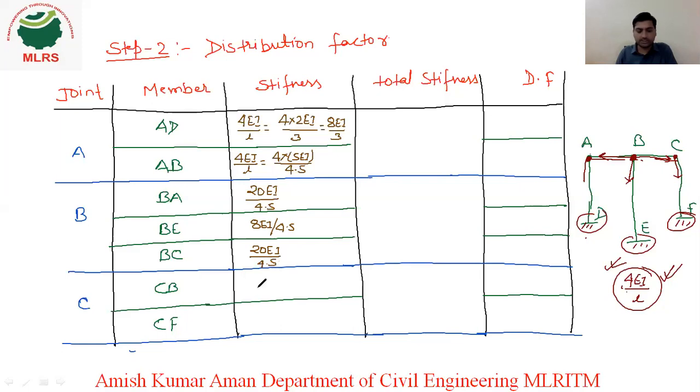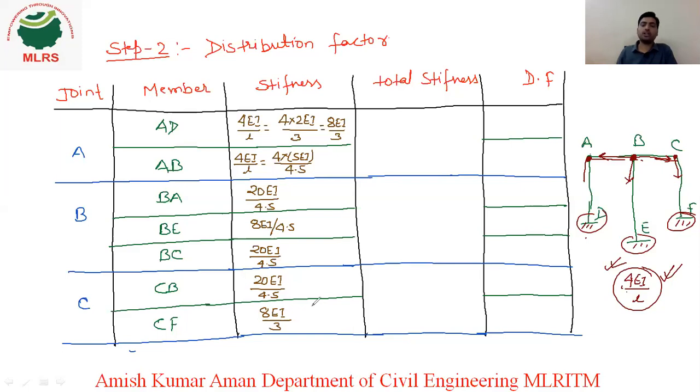For CB, it will be the same again because both are the same member. And for CF, again 4EI upon, but the I value is given as 2I, so 8EI upon 3.